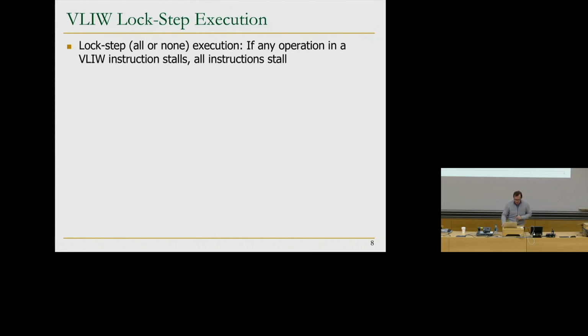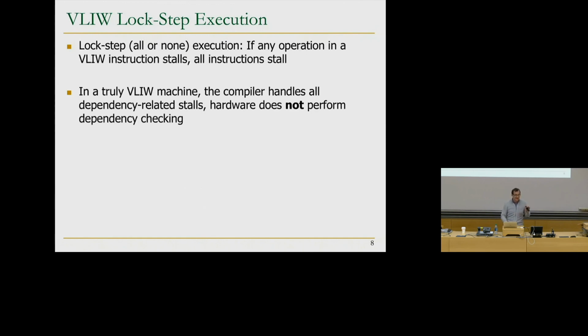Okay. So as I said, in a truly VLIW machine, this is really the purist's approach to VLIW, the compiler handles all dependency-related stalls. Hardware does not perform dependency checking. This does include also branches. So control dependencies are also somehow handled by the compiler, but we're not going to get into that. But the problem is, usually this is very, very difficult to do, because you have variable latency operations, and compilers are not good at handling variable latency operations.